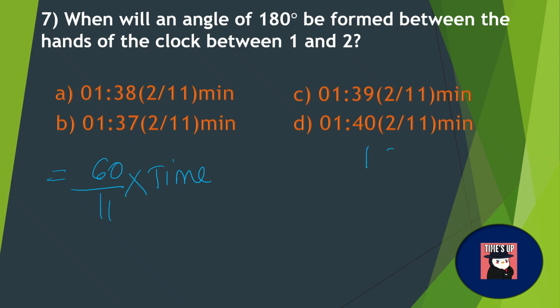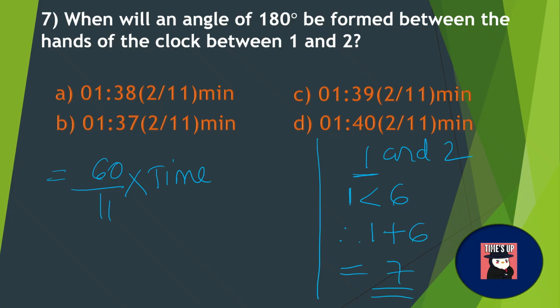Now 1 and 2 is given, so 1 is less than 6. Therefore, I'll add 1 to 6. So it will be 7. This 7 you need to substitute in place of time. 60 divided by 11 into 7 I will do. So it will be 420 divided by 11.